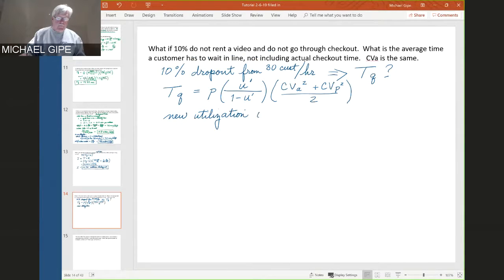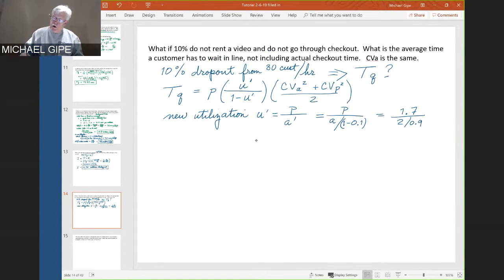U prime is going to be P over a new inter-arrival time, A prime, and essentially all we have to do here is divide it by 1 minus the dropout rate, and that brings us to 1.7 over 2 divided by 0.9.